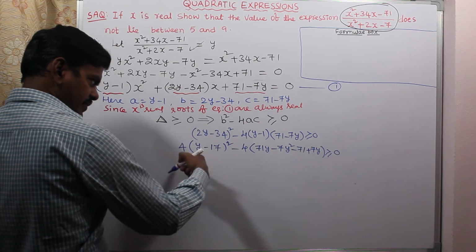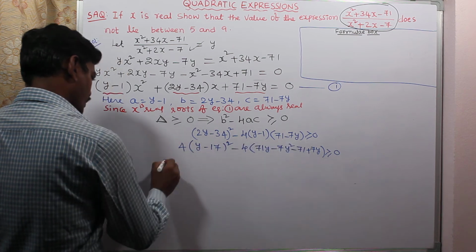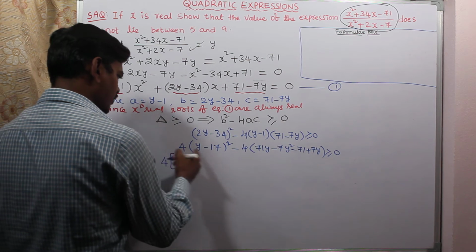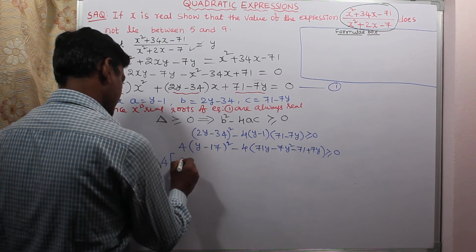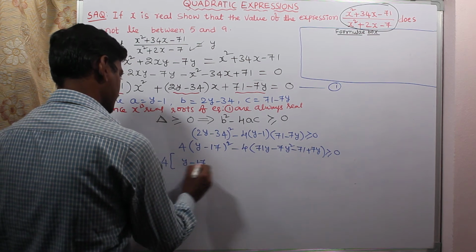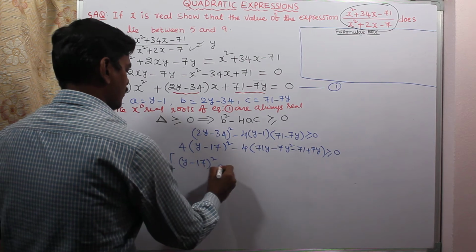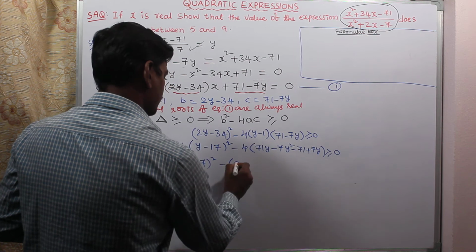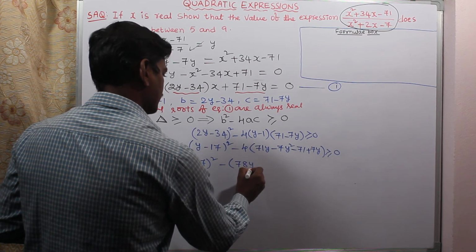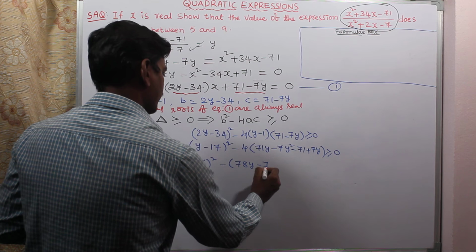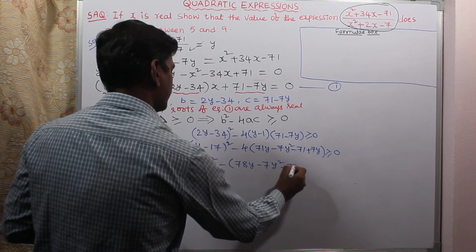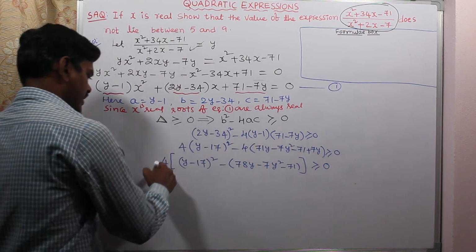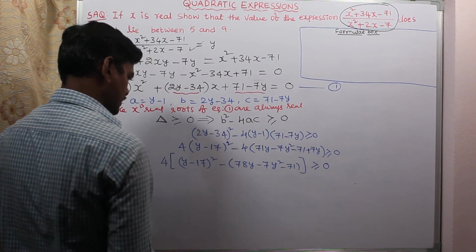Now overall we can take 4 common. After taking 4 common, we are left with (y minus 17) whole square minus of (71y plus 7y, 78y, minus 7y square minus 71), greater than or equal to 0. Now we can shift the 4 from LHS to RHS.